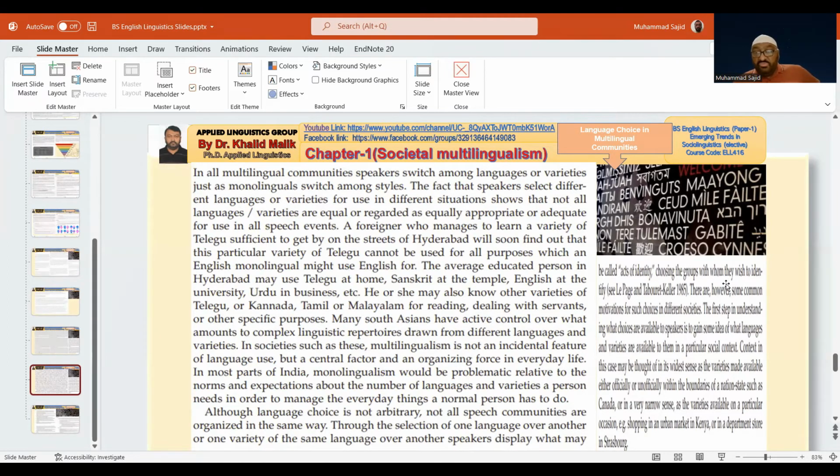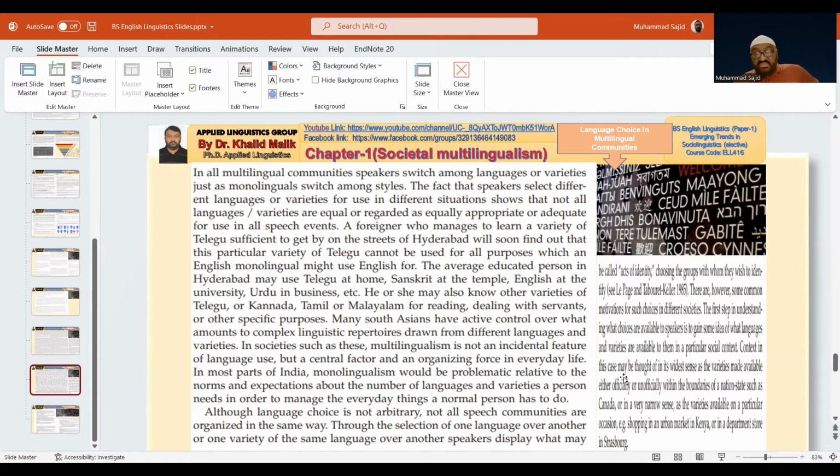Choosing the groups with whom they wish to identify, there are, however, some common motivations for such choices in different societies. The first step in understanding what choices are available to speakers is to gain some idea of what languages and varieties are available to them in a particular social context.